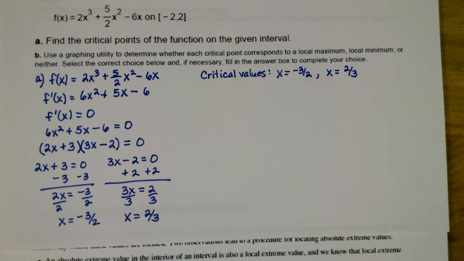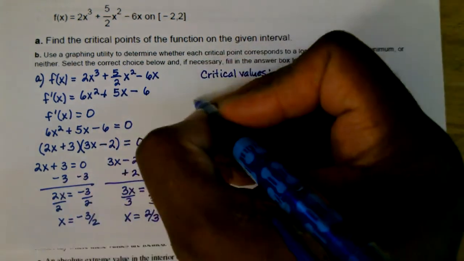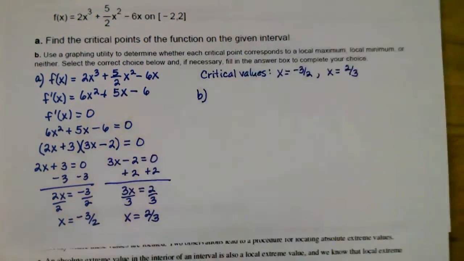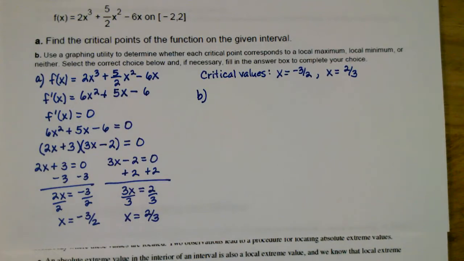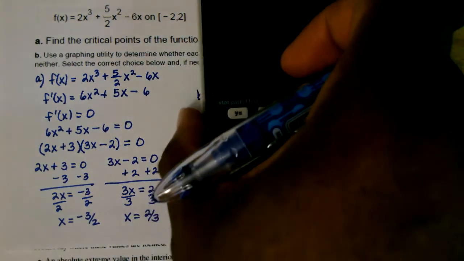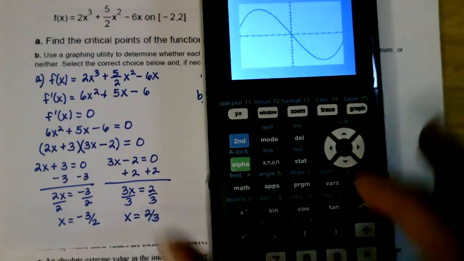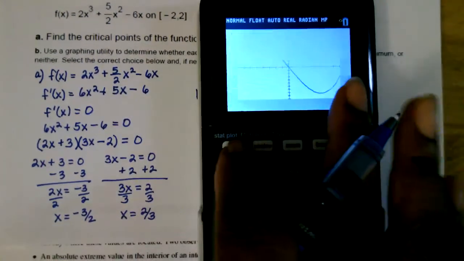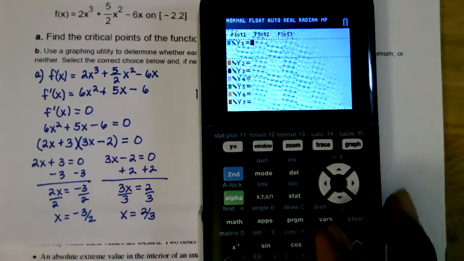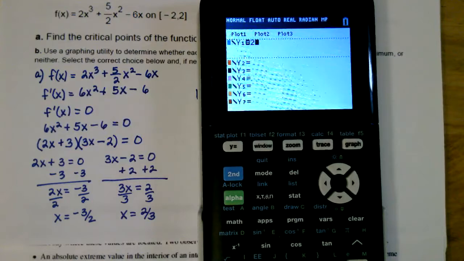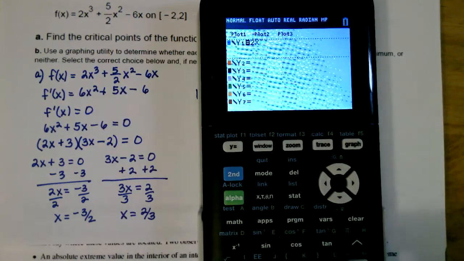Okay, so now we're going to use a graphing calculator to determine whether each critical point corresponds to a local maximum or local minimum or neither. All right, in this case, I'm going to go to y equal to, clear this equation out. For 2x cubed, that'll be 2, then the x variable key for the x.